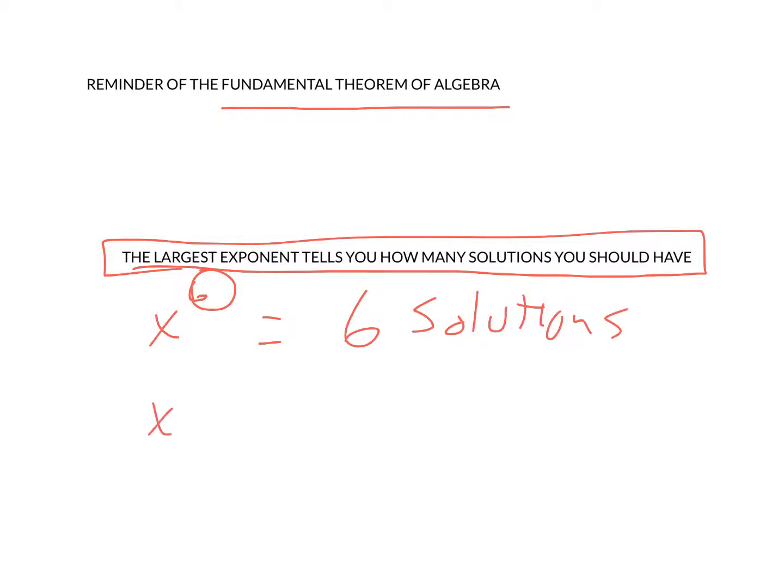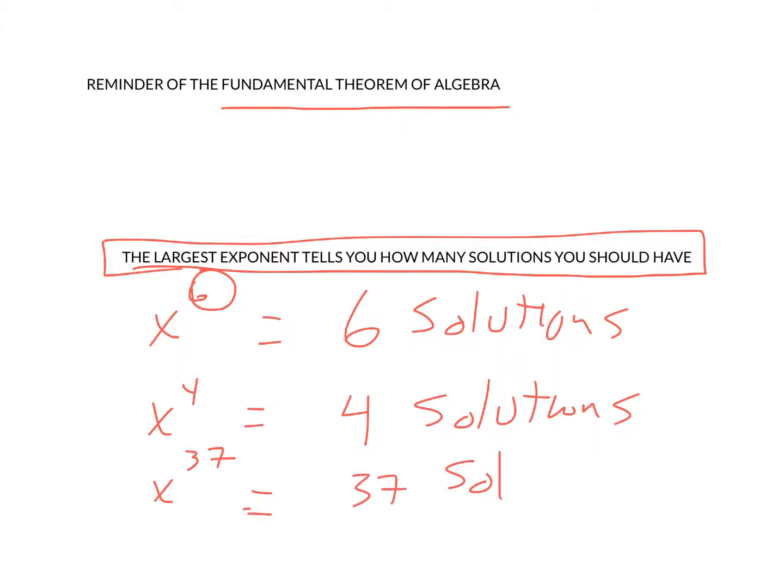If I had an x to the 4th, this tells me I should have 4 solutions. And so on and so forth. So if I had x to the 37th as my lead exponent, that tells me there should be 37 solutions to this problem. Now granted, we're not going to go as crazy as x to the 37th, but it could get that fun for you.